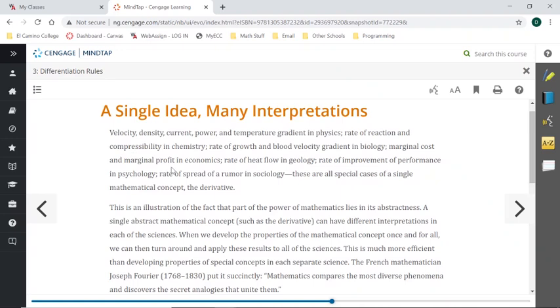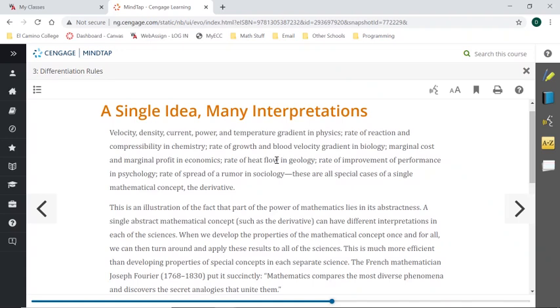Marginal profit is a very similar construct to the marginal cost function, but on a profit function instead, where profit is revenue minus cost. The rate of heat flow in geology: the heat equation uses differential equations.